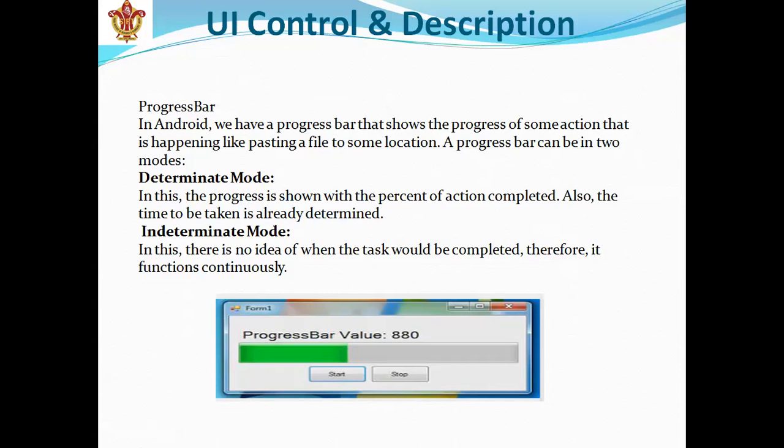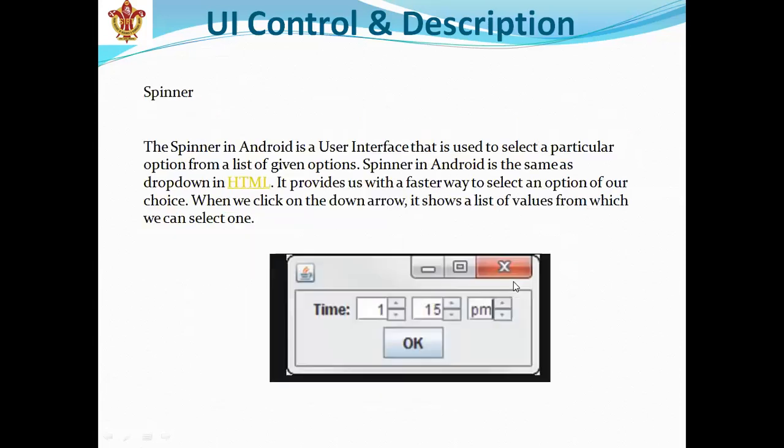This is the determinate mode of your battery. And when you can't see how much percentage of the battery has charged, it is called the indeterminate mode. So is it clear? Here is the example of determinate mode and indeterminate mode.